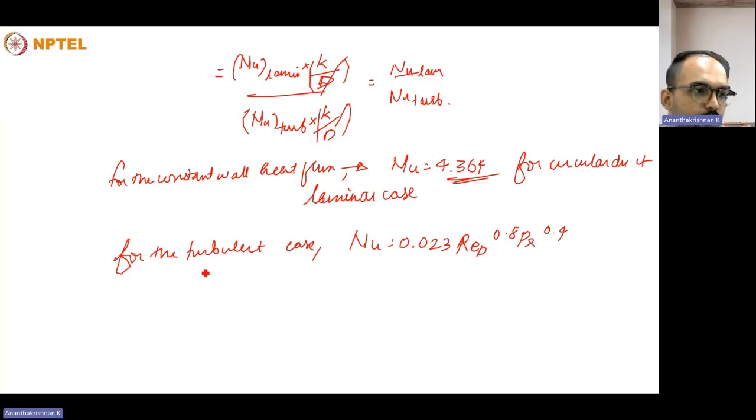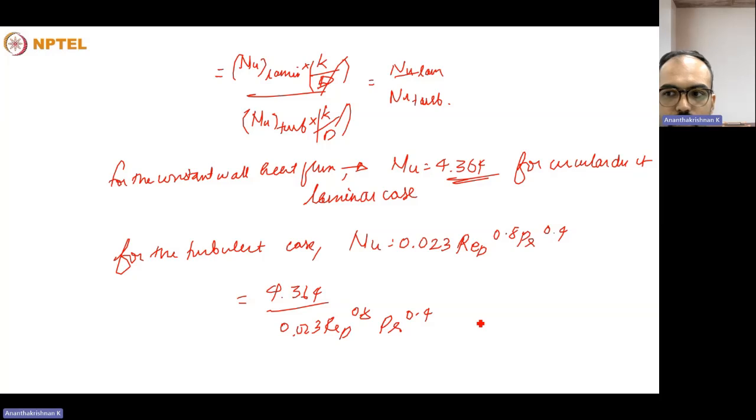So substituting these values, we can get the ratio as 4.364 divided by 0.023 into Reynolds number D raised to 0.8, Prandtl number raised to 0.4. Prandtl number is given as 0.72.